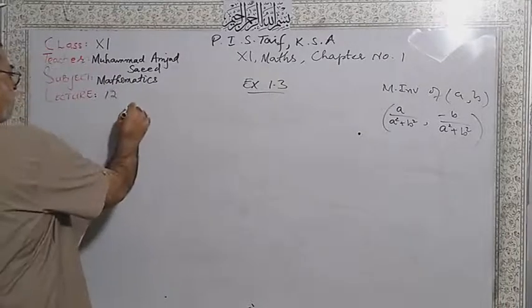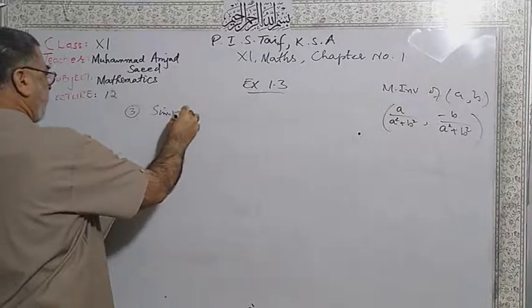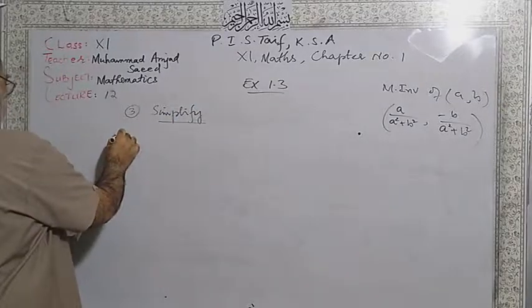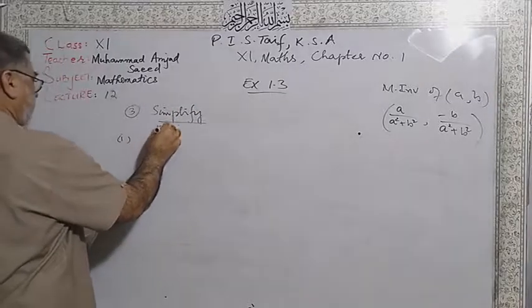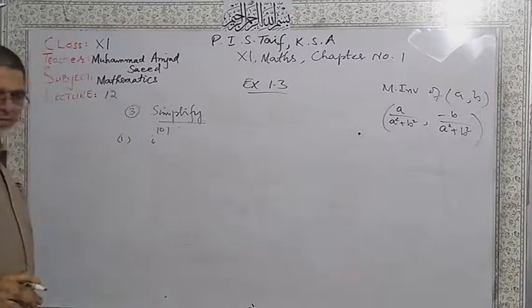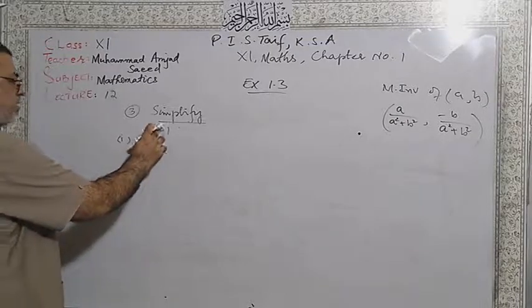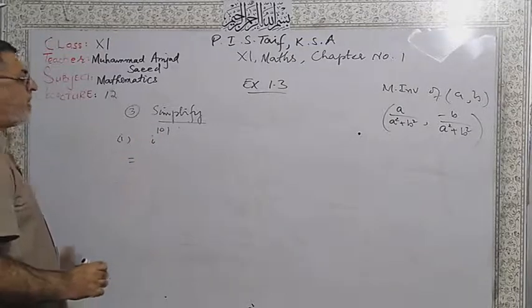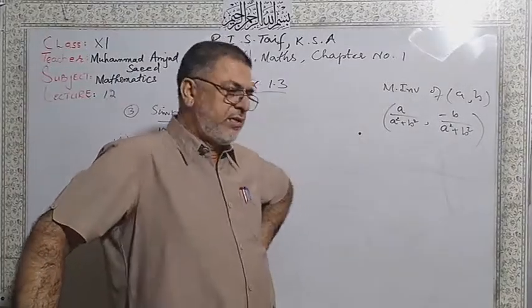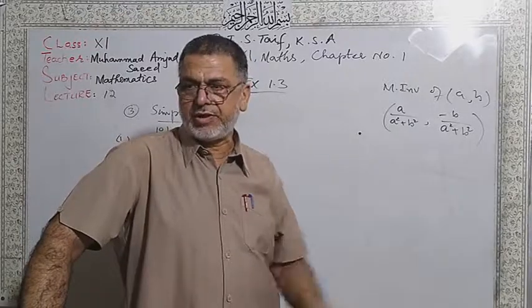Question number 3. Simplify. Part number 1 is iota 101. Remember that? That was very easy. In the previous exercise we did these questions. You will split up this iota power in such a way that one component can be written as a square of iota.